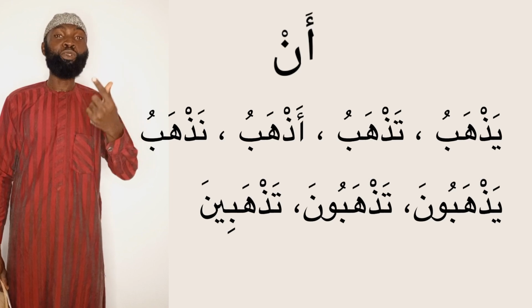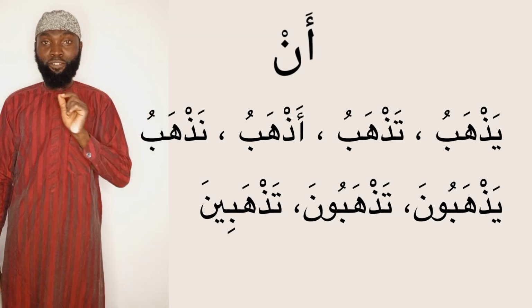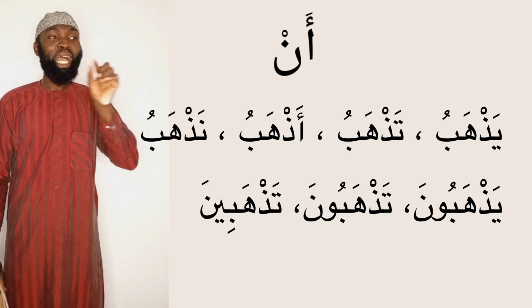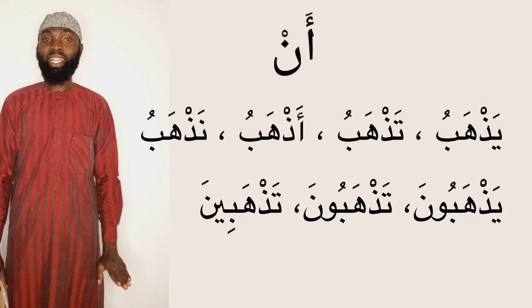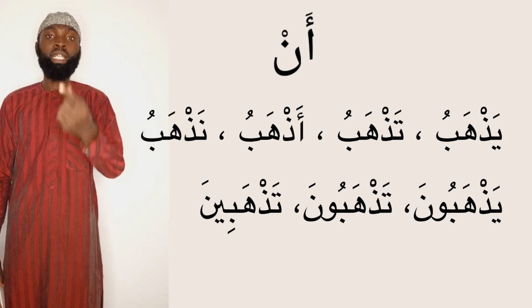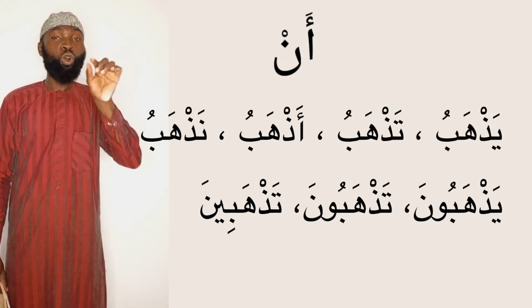When it is for a singular female, I will say "turidina an tadhabi", you want to go, not "tadhabina" again. And when there are plural second person, I will say "turiduna an tadhabu", you all want to go.